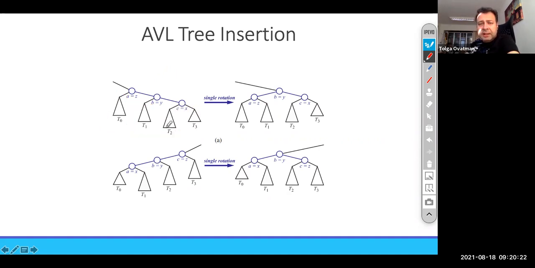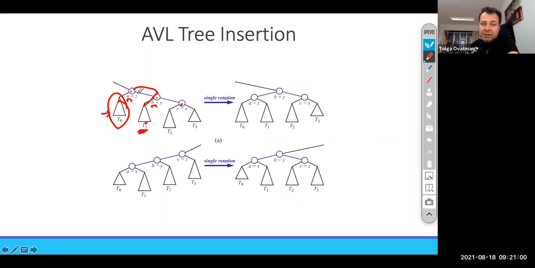So there are things which don't change, which is T0 on the left of A. All the elements in T0 are smaller than A, and A is smaller than B and C. So T0 is still on the left side of A. So even though T1 contains the elements smaller than B, it also contains the elements larger than A. Because I know that because you go right and then go left.